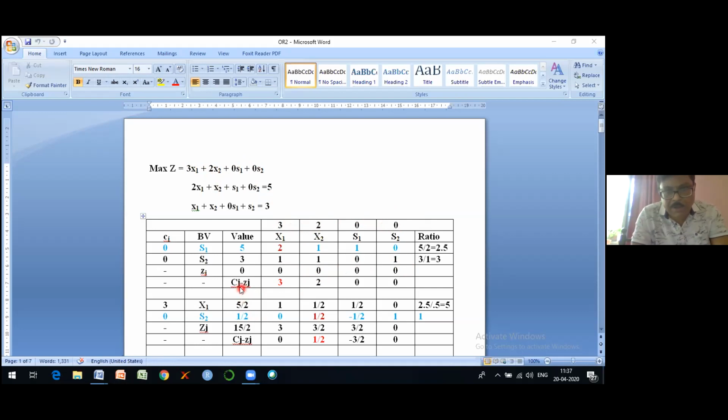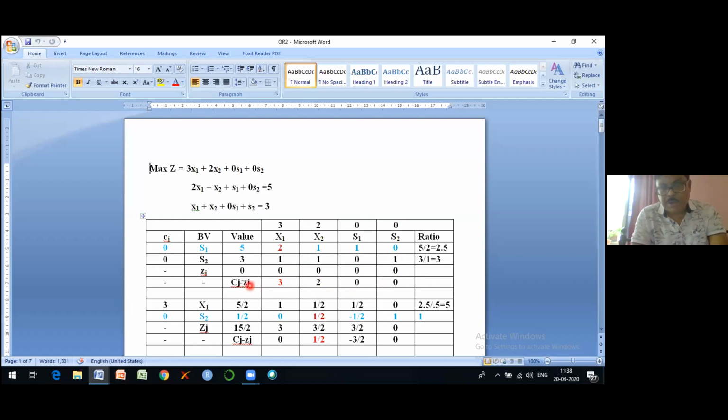Now, what we have written, Cj minus Zj. So this is our Cj and this is our Zj. I am deducting: 3 minus 0 equal to 3. 2 minus 0 equal to 2. 0 minus 0 equal to 0. 0 minus 0 equal to 0. Right? So in this way, we can compute the Cj minus Zj value.